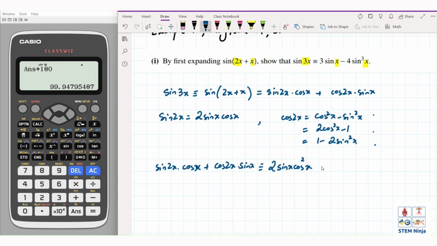Now, plus this one. Again, we have sine x times something. So let's use this one: sine x times 1 minus 2 sine squared x. So we can have 2 sine x, and again, we can split cos squared into 1 minus sine squared also.